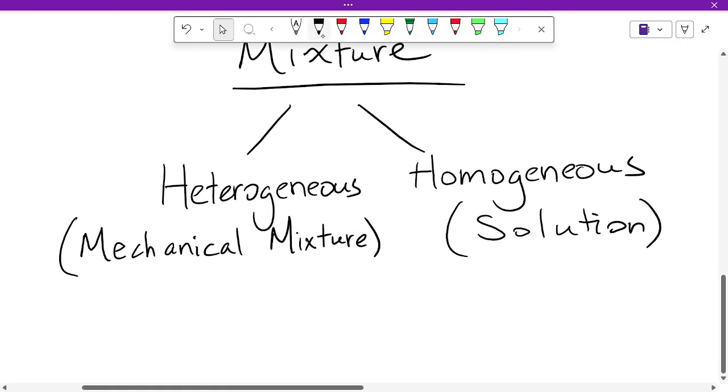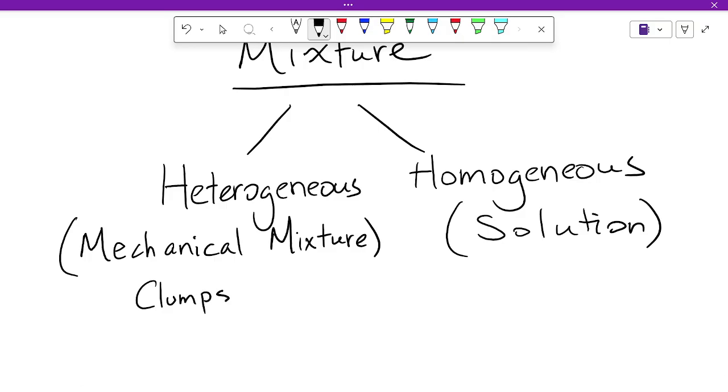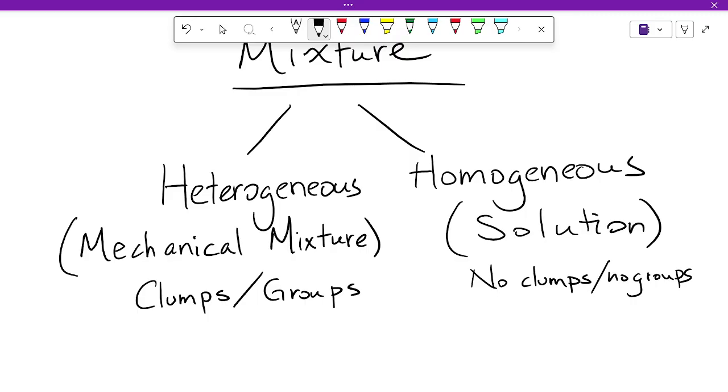So heterogeneous has clumps, groups. Homogeneous has no clumps, no groups. Okie dokie.